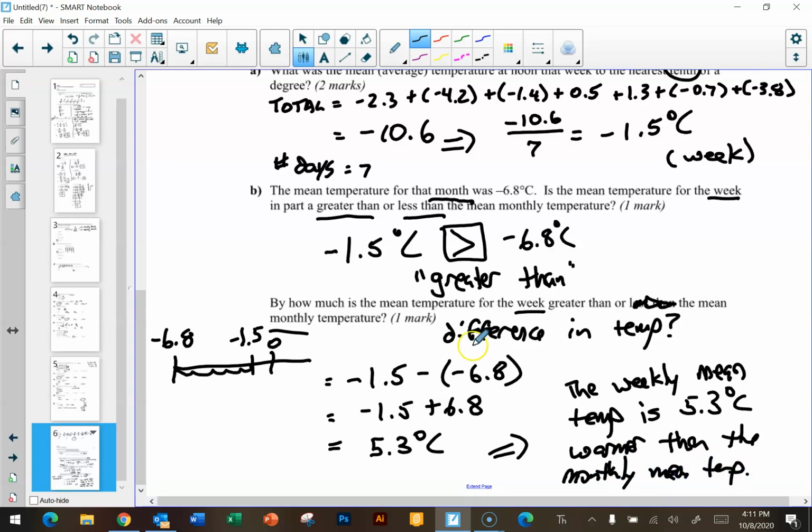And you didn't necessarily have to put the subtraction statement in there. That's just the way I tackled it when I found the difference. If you went to a number line and said, I know I have to start here, and then I know I have to jump this many steps to get to this number, and you use that to get 5.3, that's fine. Perfectly acceptable.